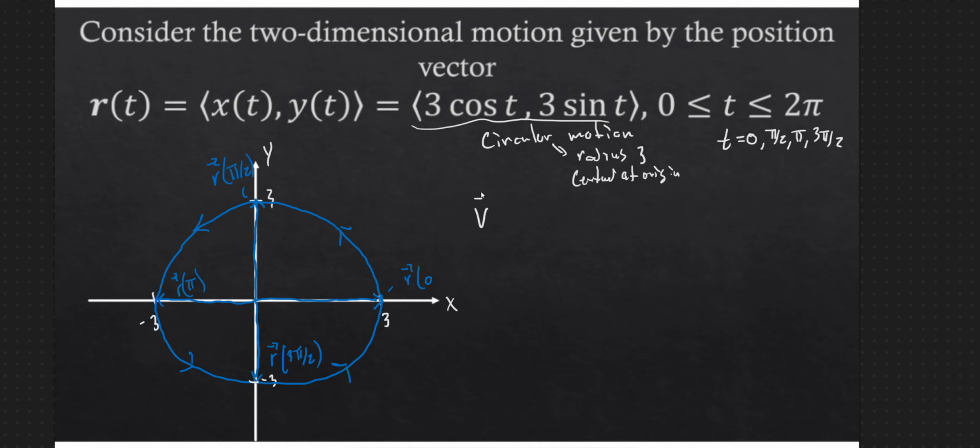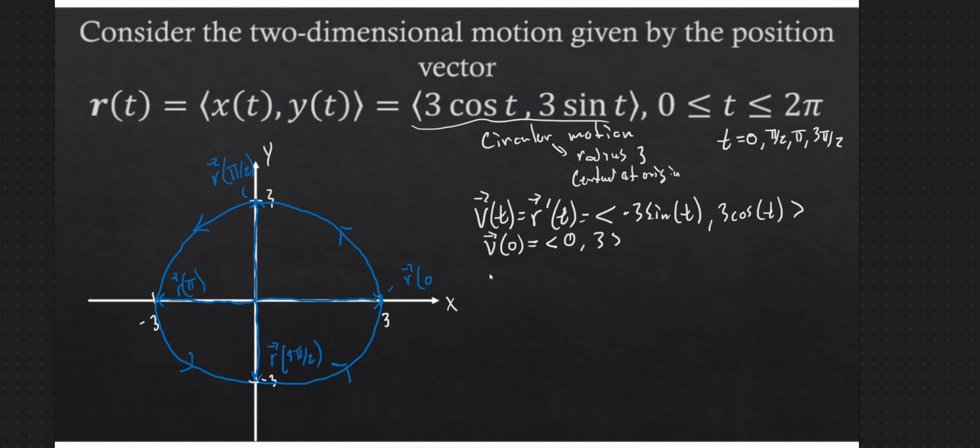Let's find velocity. v of t is the derivative of my position vector, and so that's going to be minus 3 sine t and 3 cosine t. There's my velocity vector. We can go ahead and figure out my velocity at these points. So v of 0 will be 0 in the x direction and 3 in the y direction.